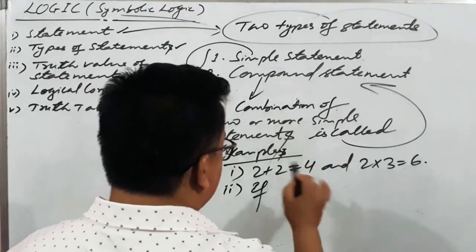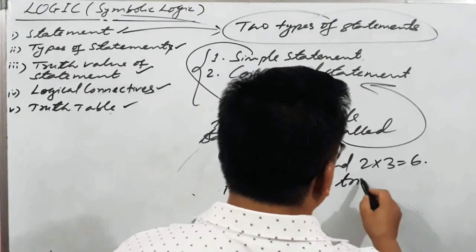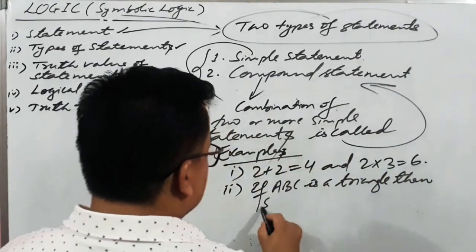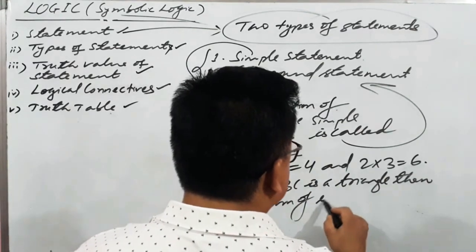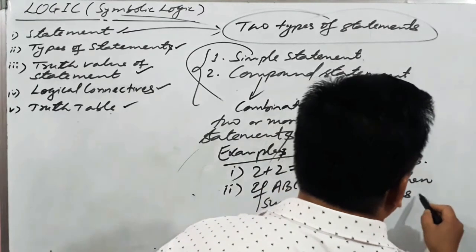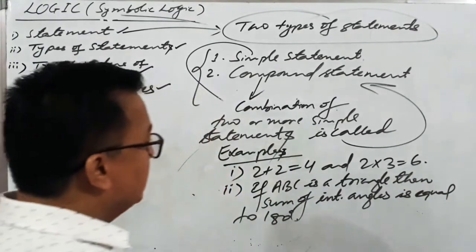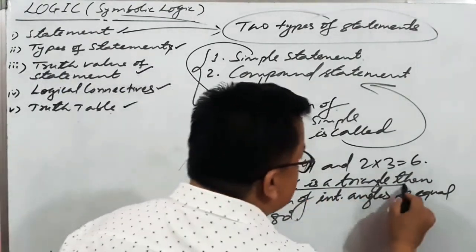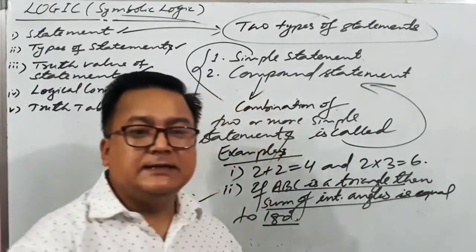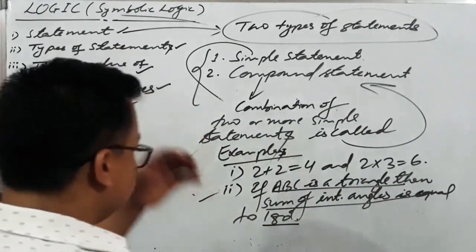Example 2: if ABC is a triangle, then the sum of interior angles is equal to 180 degrees. Here ABC is a triangle is a simple statement. Another one, the sum of the interior angles is equal to 180 degrees. So here we combined two simple statements.